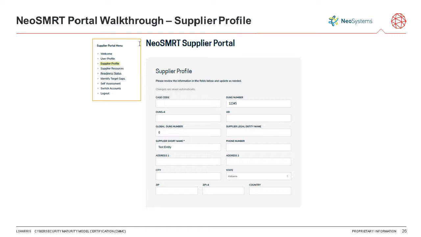For the supplier portal, if you have more than one individual logging in from your organization, this is a shared profile. So you'll see things like DUNS numbers and cage codes. Basically, if you don't know what those are, you don't have to worry about it, right? Maybe somebody in your organization does have that information.